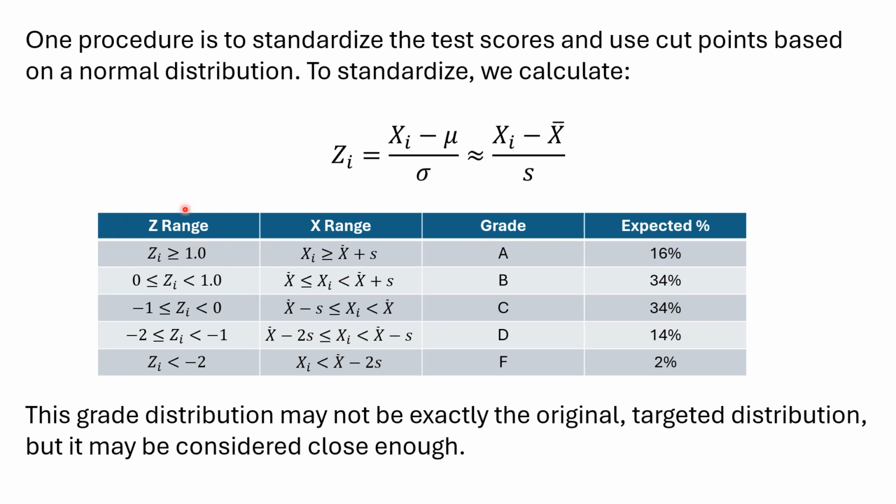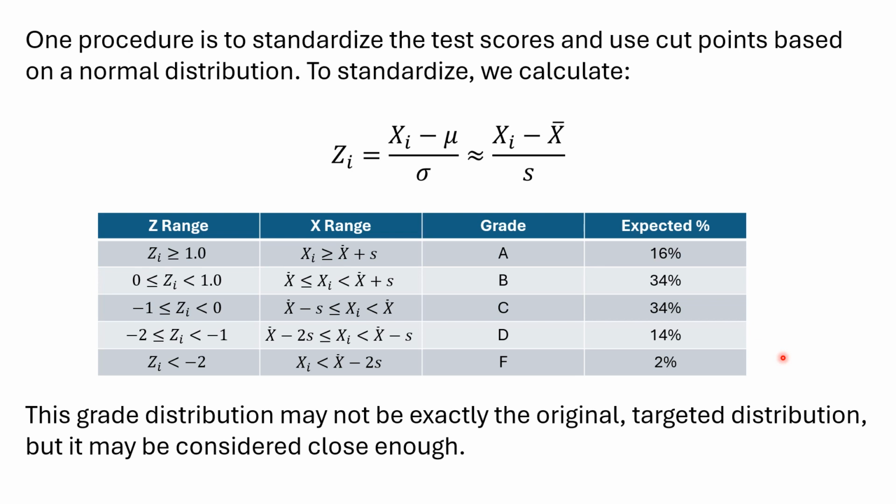Okay, and you can look at the Z range here as well as the X range, the original. So using the original exam scores, this Z is equivalent to the x_i's being greater than the sample mean plus 1 standard deviation. Under that scenario, we would expect about 16% of the class to get A's, 34% to get B's and C's, and 14% to get D's, and 2% to get failing grades.